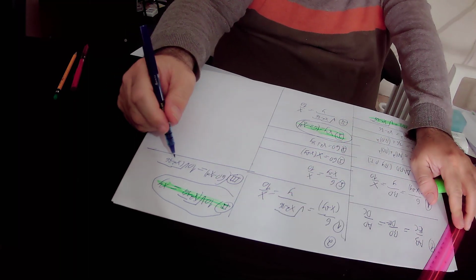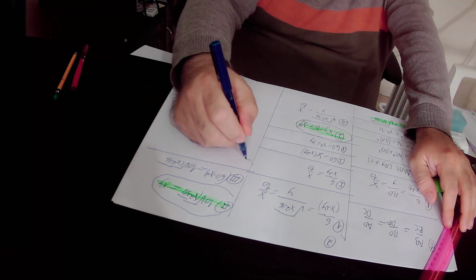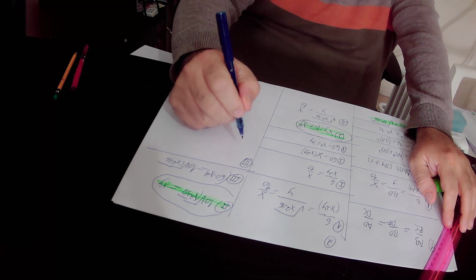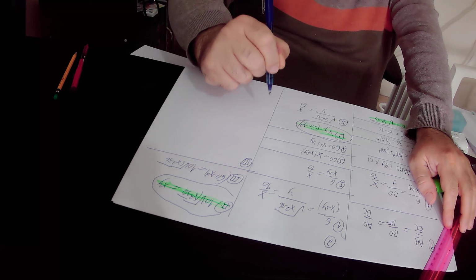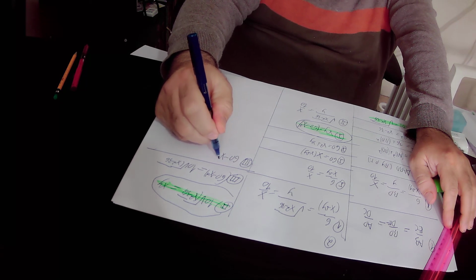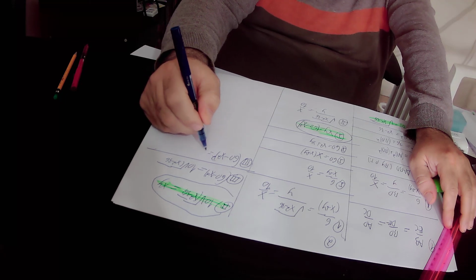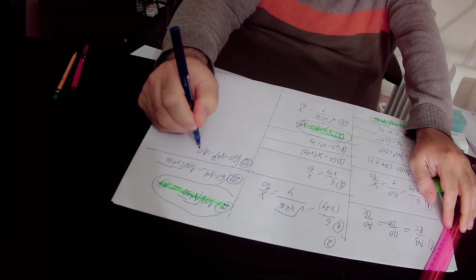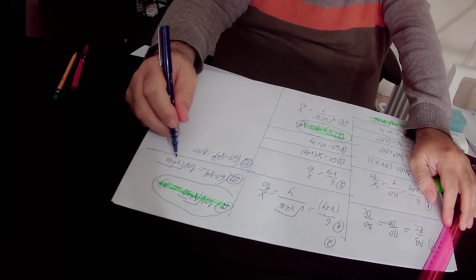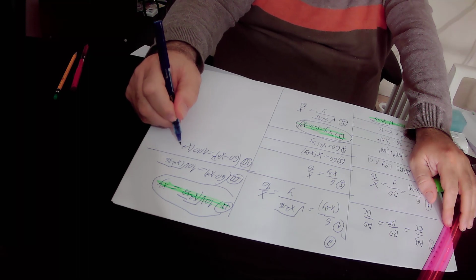Here we will square both sides of equation number 3, and we get that 60 minus x squared is equal to 10 squared, which is 100, and the square cancels the root, and we're left only with x squared minus 36.